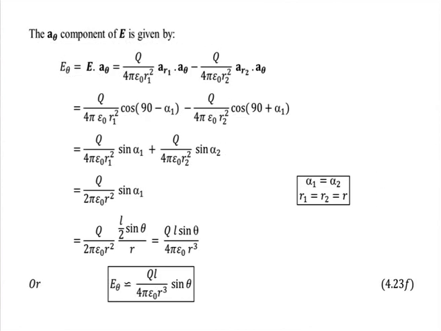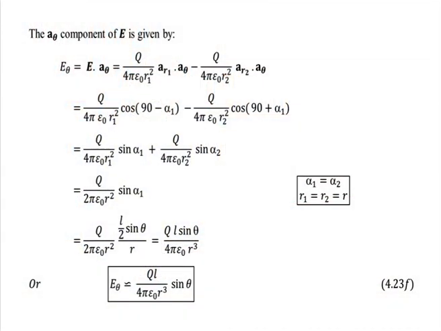The A theta component of E is given by E theta is equal to E dot A theta, which on simplifying becomes Q upon 2 pi epsilon naught R square sin alpha 1. We need to find an expression for sin alpha 1 using alpha 1 is equal to alpha 2 and R1 is equal to R2 is equal to R. We get the expression of sin alpha 1 as L by 2 sin theta upon R, and therefore the expression for E theta reduces to QL sin theta upon 4 pi epsilon naught R cube.